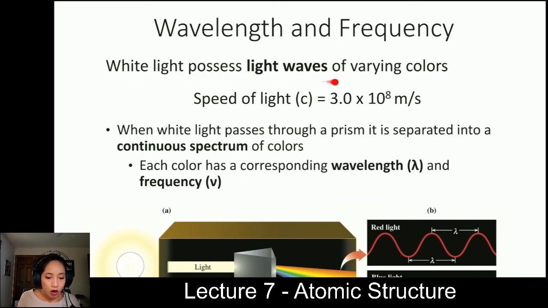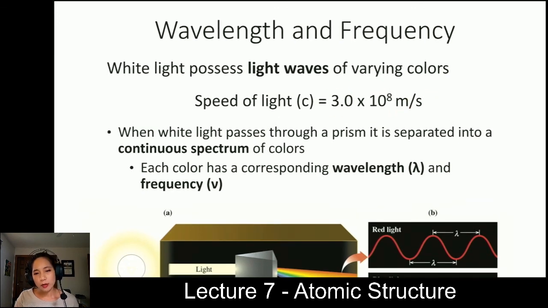Because electromagnetic radiation is light, all those waves travel at the speed of light. So the speed of light is a constant. In a vacuum, a wave of light will travel at 3.0 times 10 to the 8 meters per second. So this is the speed of light in a vacuum.